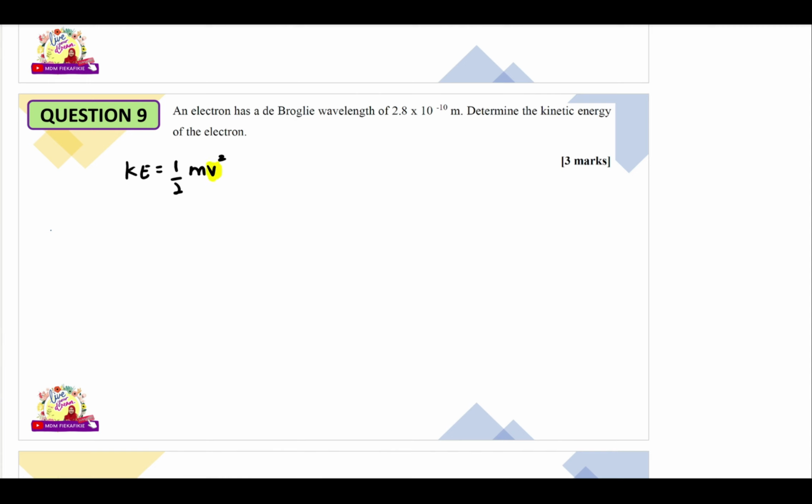Okay, so kita relatekan dengan equation de Broglie. As we know that lambda is equal to h over p, p is the momentum. So from here, from p, we can calculate the speed where p is equal to mv. So daripada sini kita boleh terus kira V dulu sebelum kita kira kinetic energy.